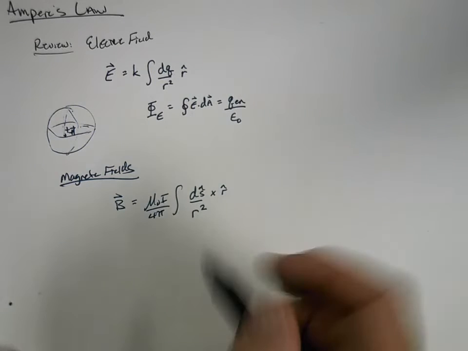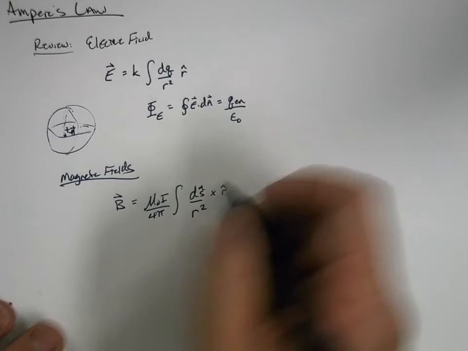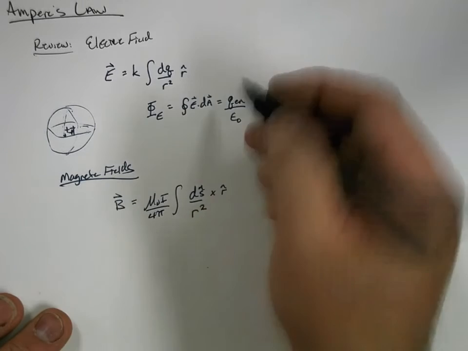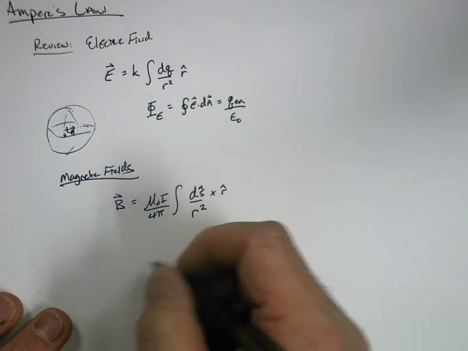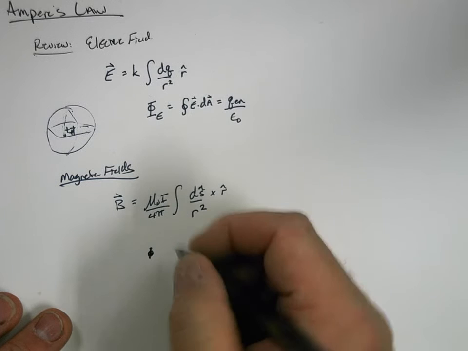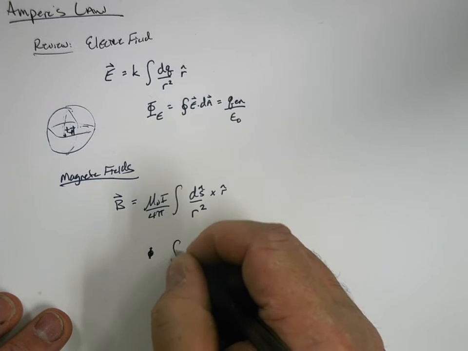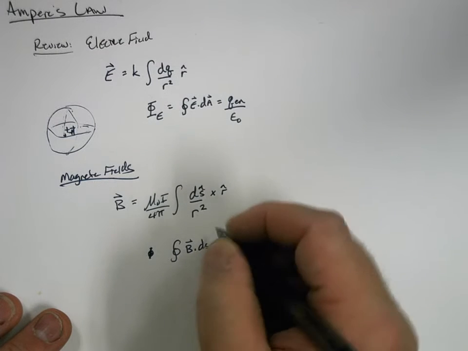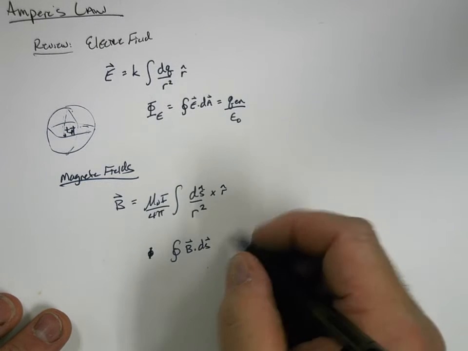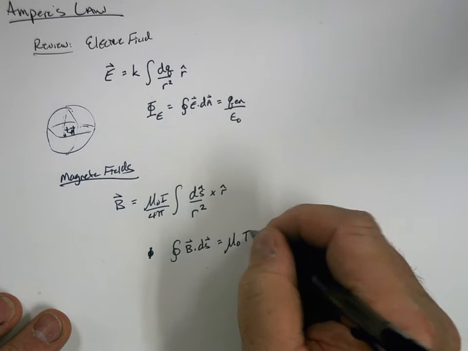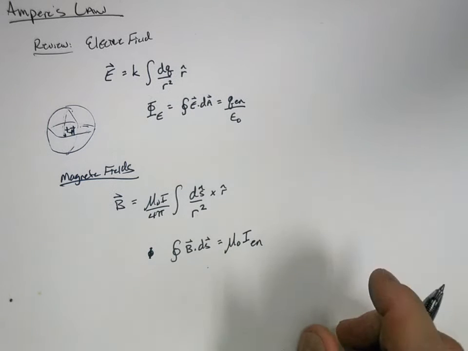But we've taken this to give us a new version of that, which we'll get to in our next lecture. It's the integral of B dot ds equals mu naught I enclosed.